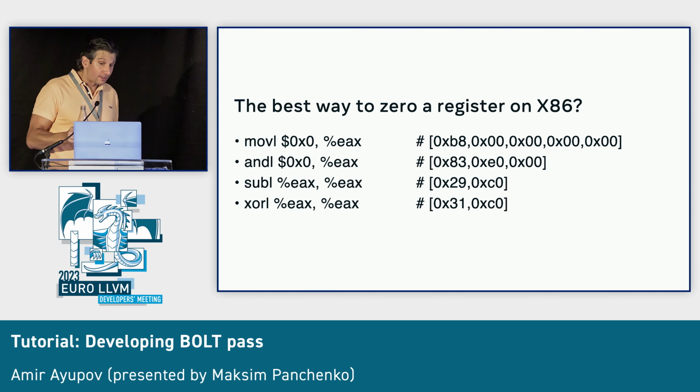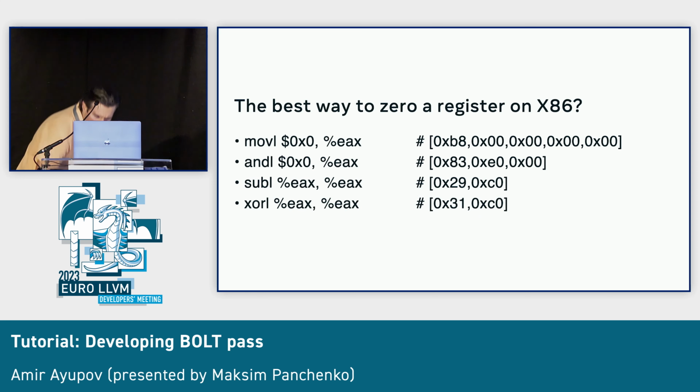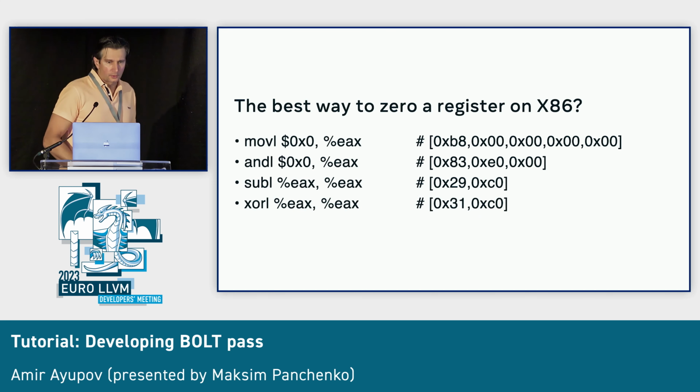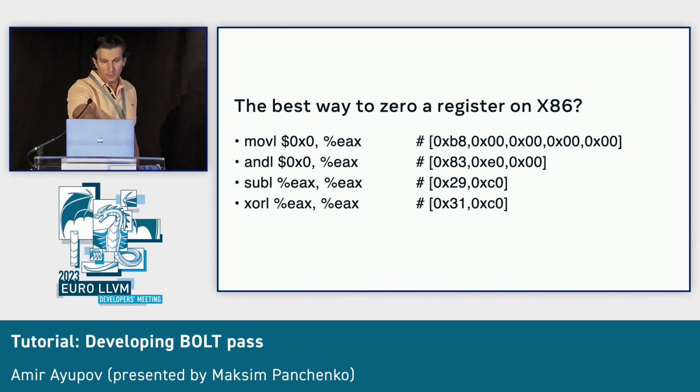And subtraction is kind of similar, but not all hardware recognizes it as an idiom. So it's better to issue XOR. And this is what we're going to write the pass for. So we'll look for sequences of move 0 to EAX and convert them to XOR.